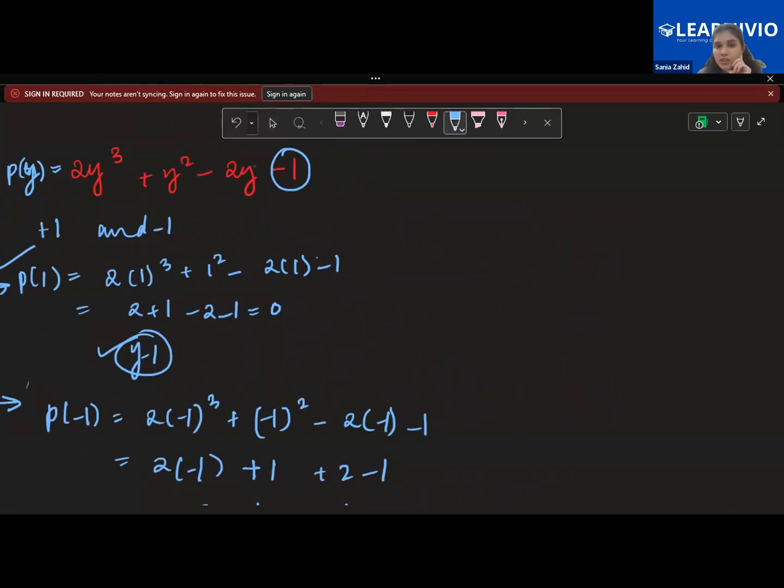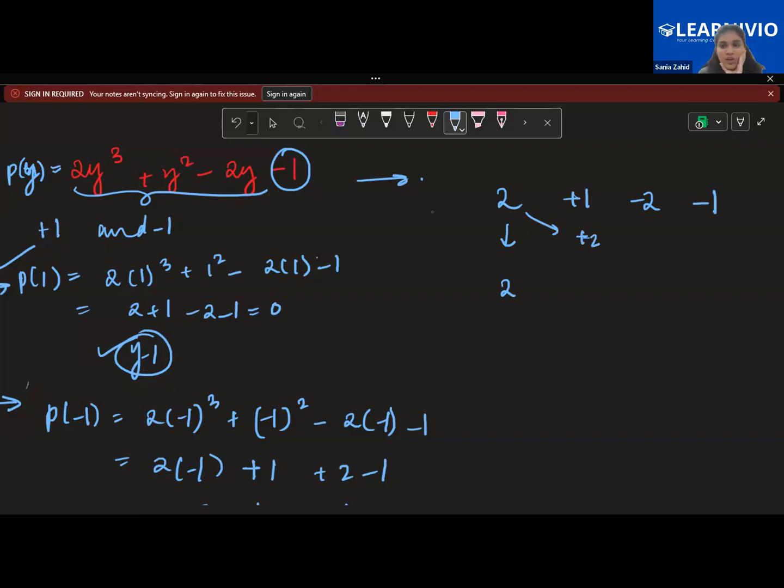Next, you will take the coefficients of these terms without writing the variables. So you get 2, 1, minus 2 and minus 1, right? The 2 you will write as it is. Then you write this 2 over here, plus 2.